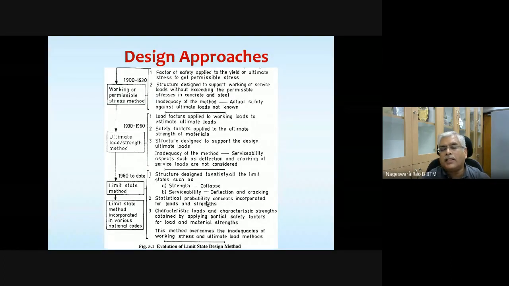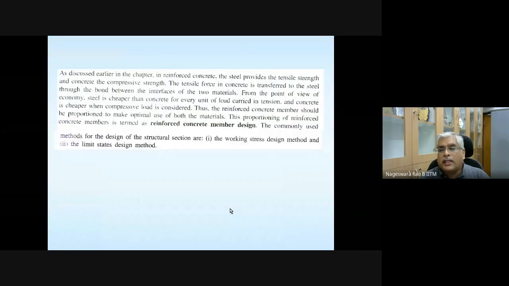Okay, so these are the design approaches. As a part of this course, we'll be touching upon this working stress method. We are going to start with this working stress method, and then once you grasp the concepts, we'll go to the limit state method.